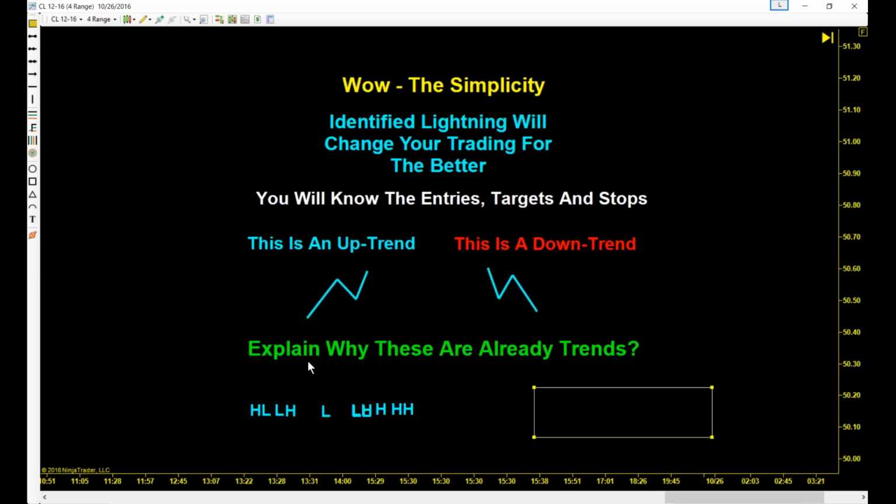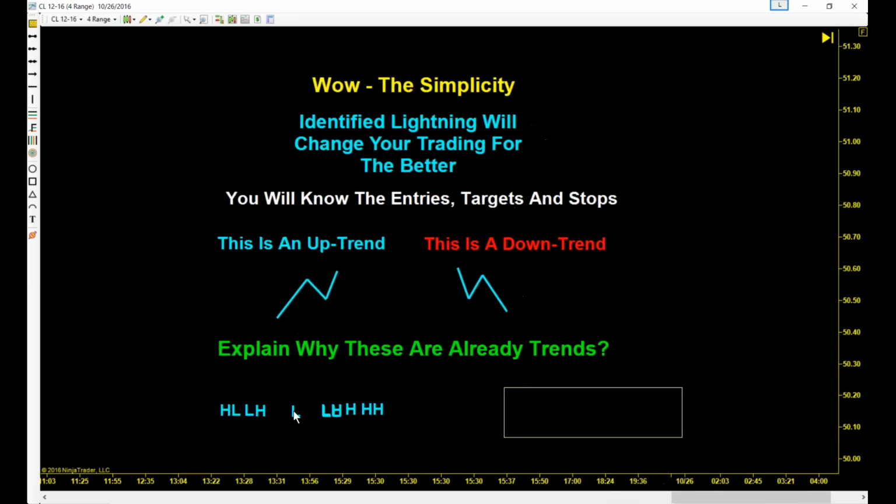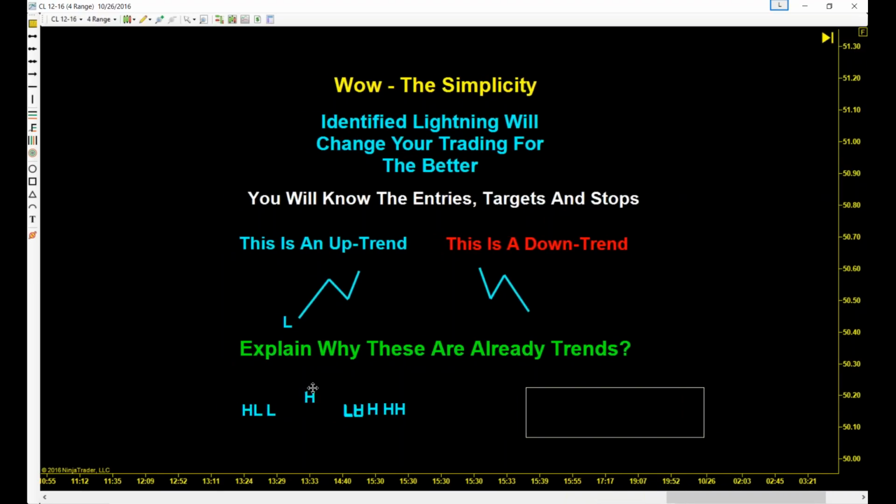But you have a low, you have a high, and you have a higher high. But what is this? A higher low. That of course is the definition of an uptrend. Anywhere you start, it doesn't matter where you start: low, high, higher low, higher high.